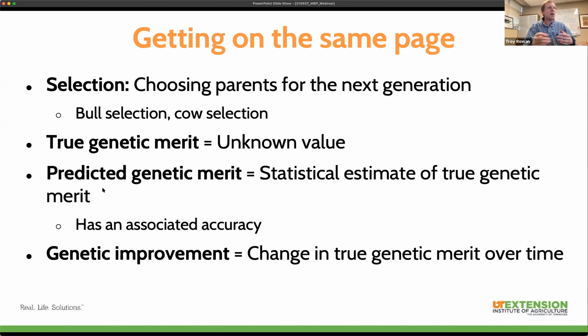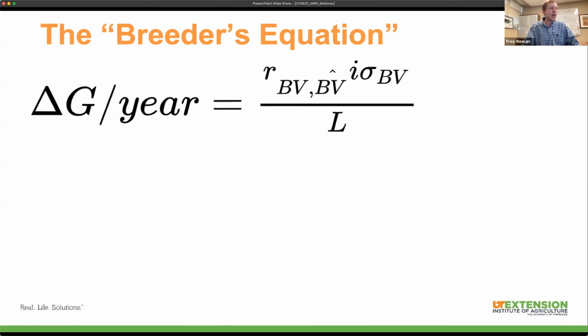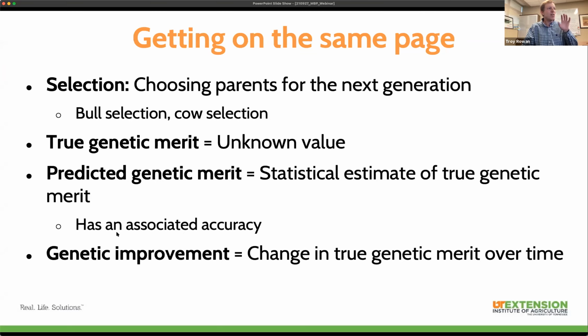And so when I talk about predicted genetic merit or estimated genetic merit, this is going to be a statistical estimate of that animal's true genetic merit. Since we'll never know this, the best we can do is take all the information that we have on an individual and try our best to predict this true genetic merit. And this predicted genetic merit is going to have some level of accuracy that comes along with it, right?